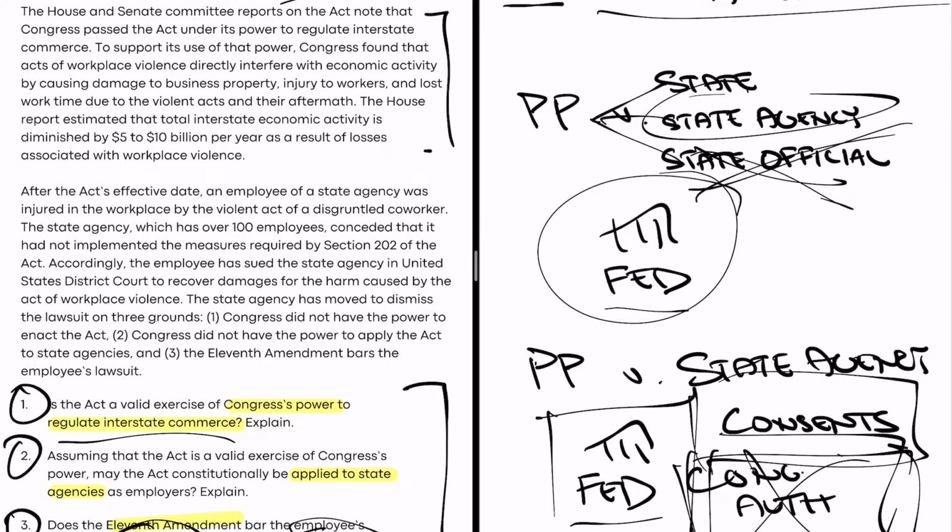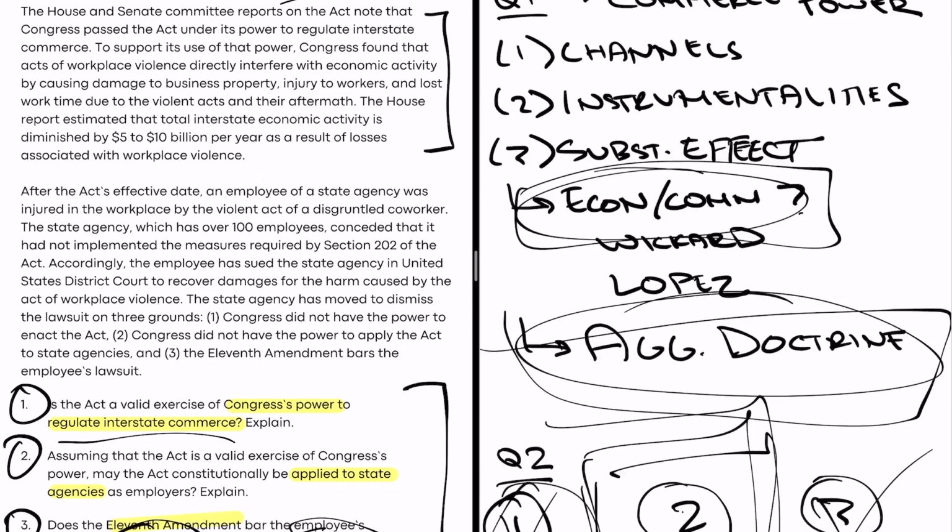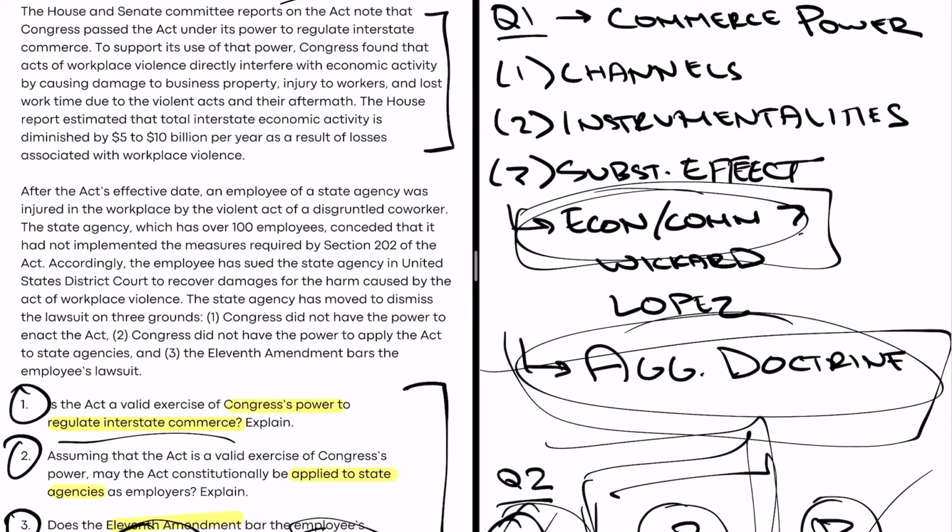Okay, so this all goes to prong number 3 in question number 1. This whole paragraph is question number 1, prong 3 of our commerce power analysis. They're trying to show that the regulation of this activity does have a substantial effect on interstate commerce.